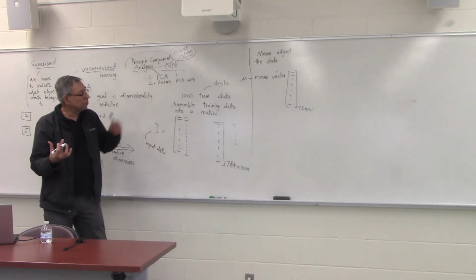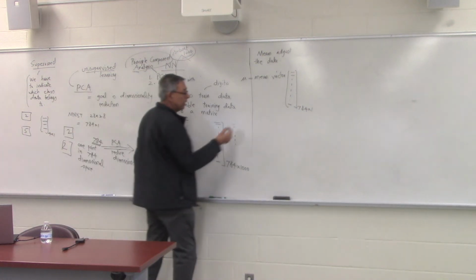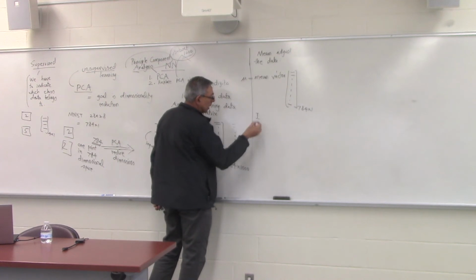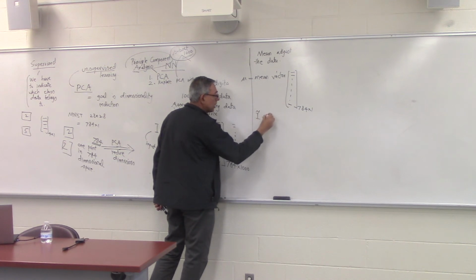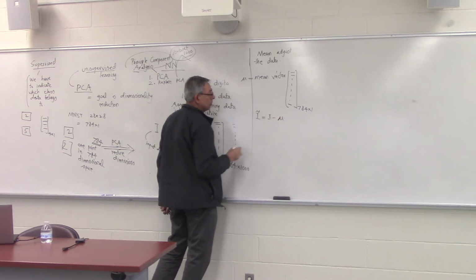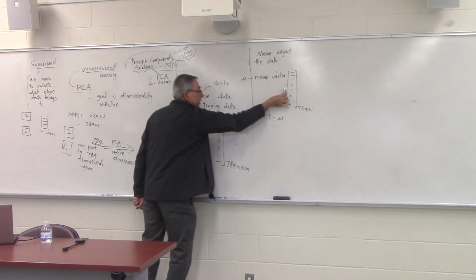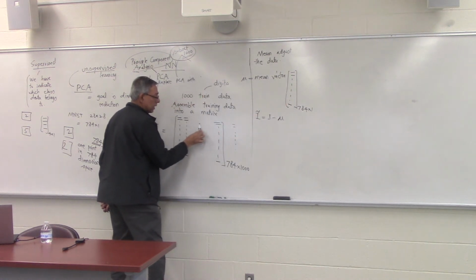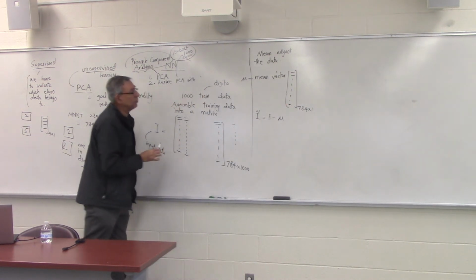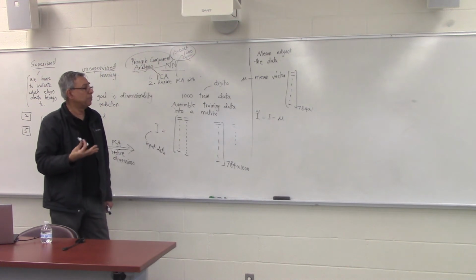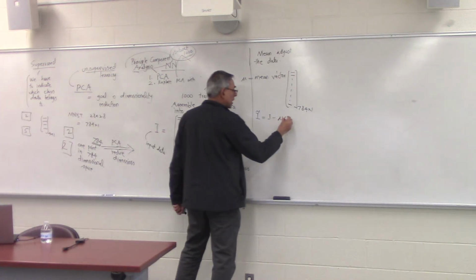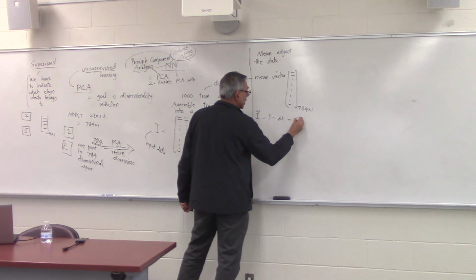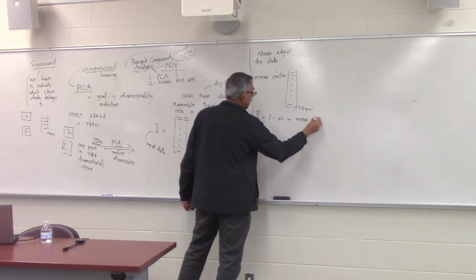So once we have computed the mean vector, then we will say, let's say, I tilde equal to I minus mu. So we subtract this mean from every column over here. So this I tilde is the mean adjusted data.